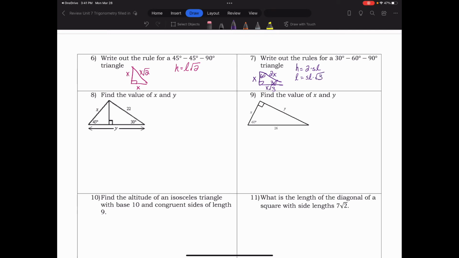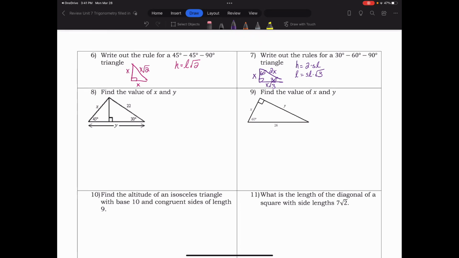All right. So this one's interesting. We just kind of split this up into our regular right triangles. This is not your altitude to hypotenuse because this is not given as right. So I look here, I don't have any sides for my 45, 45, 90, so I focus on this one. I know that my hypotenuse is 22, and I know my hypotenuse is equal to 2 times my short leg there.